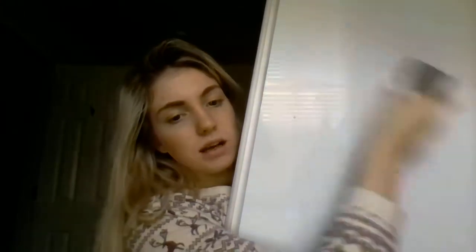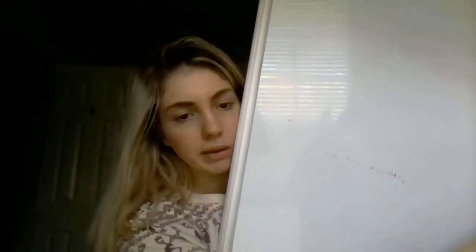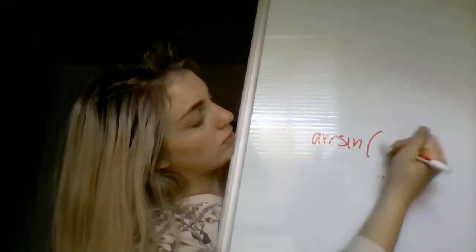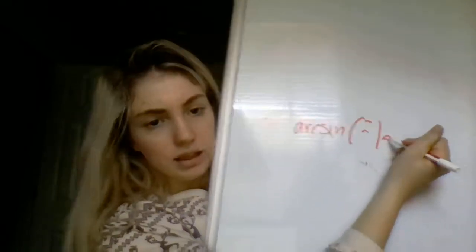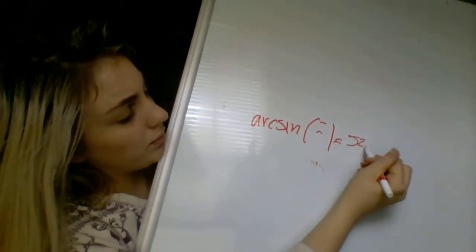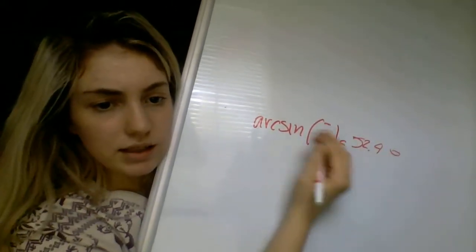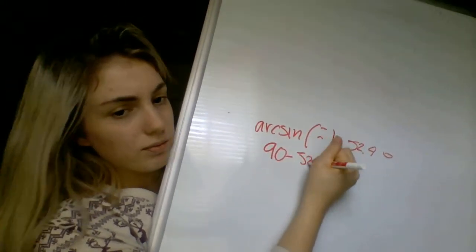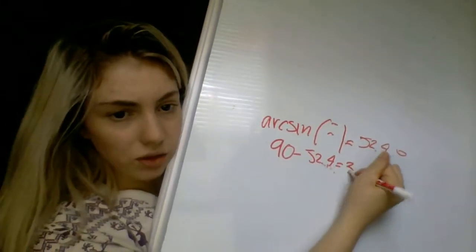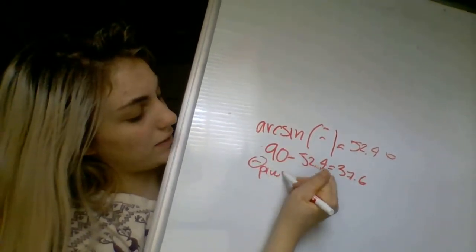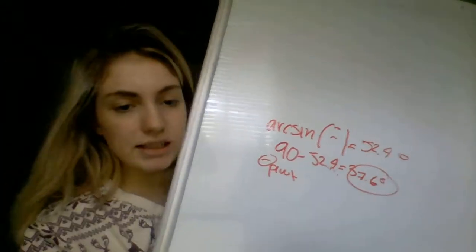So arcsine of 2.6 over 3.28, what we just found, equals 52.4 degrees. So like I said, I'm going to subtract 90, and that'll equal 37.6. So our angle of the pivot is 37.6 degrees.